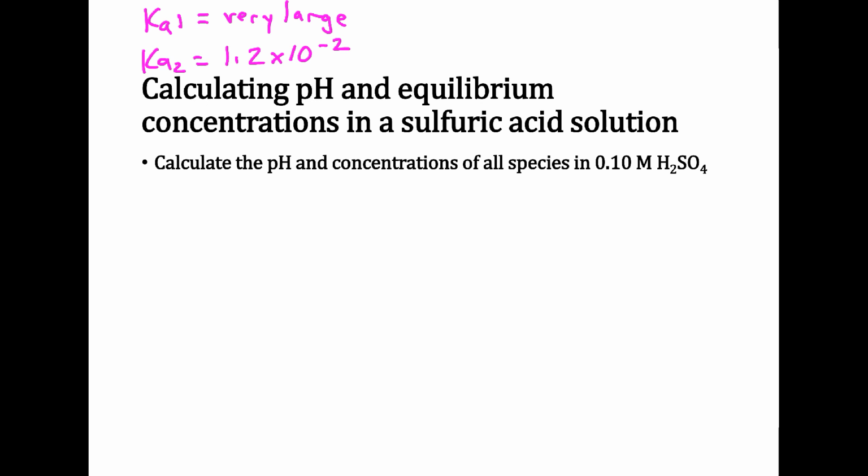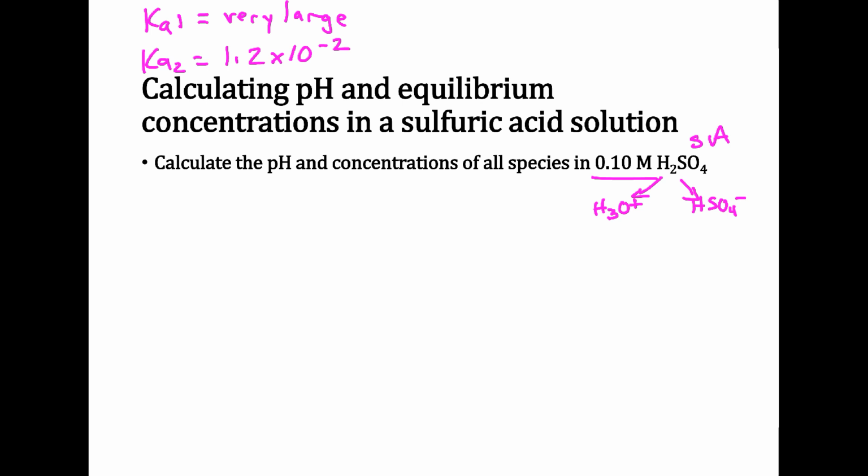So this is what we're going to do. Because H2SO4 is a strong acid, and it's going to dissociate completely, we'll say that it will dissociate with water to form H3O plus and HSO4 minus. Since it's dissociating completely, the concentrations of H3O plus and HSO4 minus will be 0.10 molar.